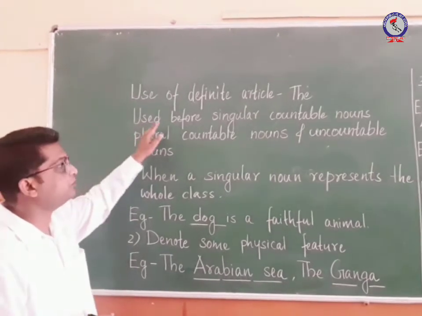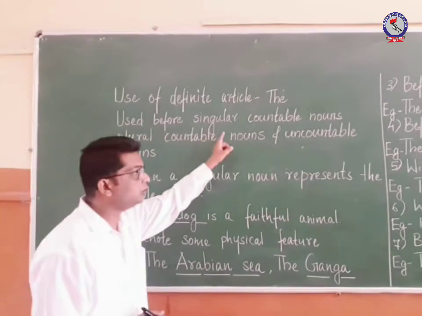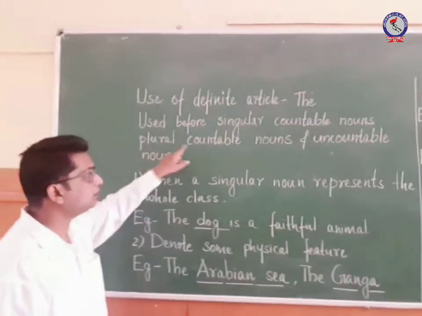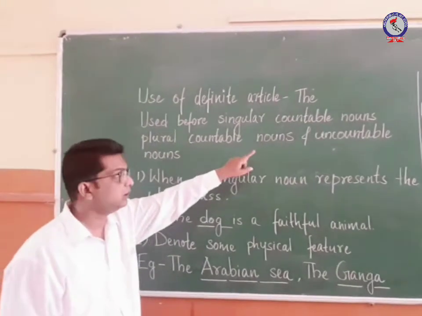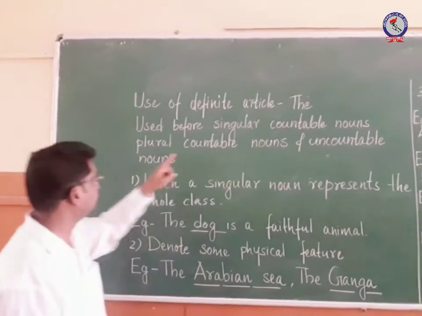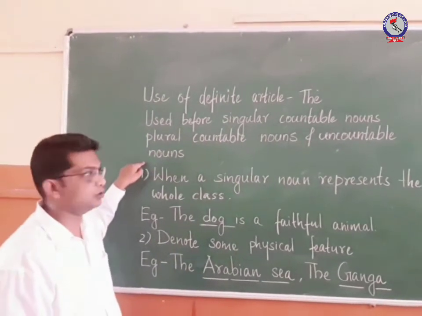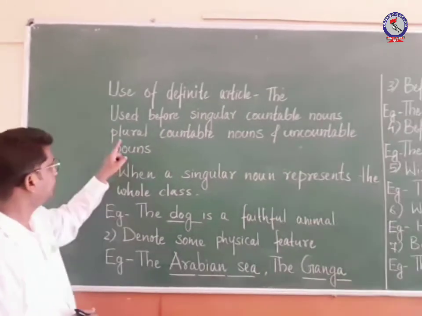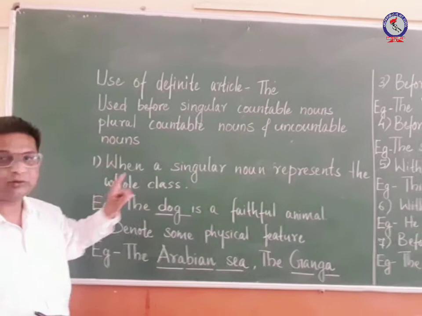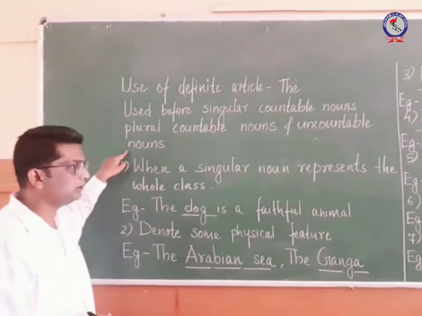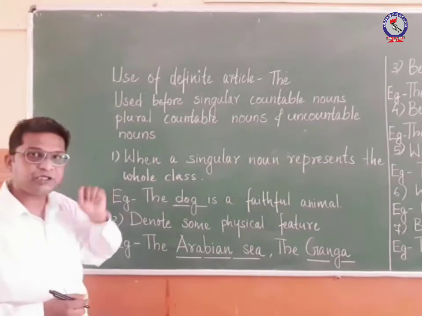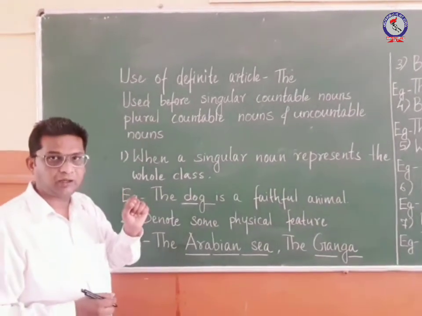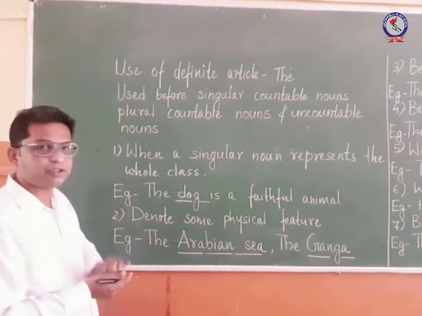It is used before singular countable nouns, plural countable nouns, and uncountable nouns. Now there are conditions in which we use the definite article the. Let us see those conditions.